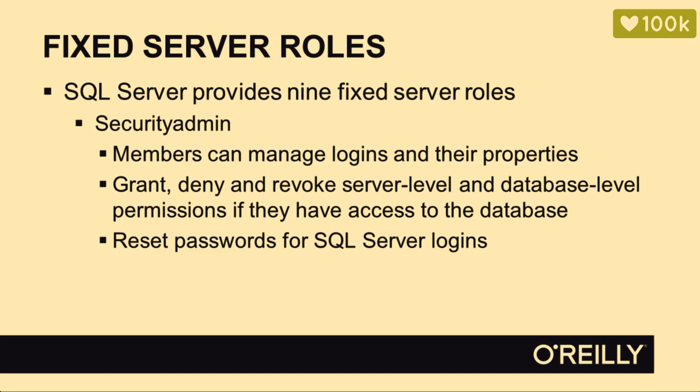If this person has access to a particular database, even though you don't want them to have admin rights on that database, if they're a member of the fixed server level security admin role and they have access to a database, guess what? They can start to work with a little more power on those permissions in that database than you intended. And we're also going to talk about the difference between grant, deny, revoke, and the interrelationship between those permission settings a little bit later on in the course as well.